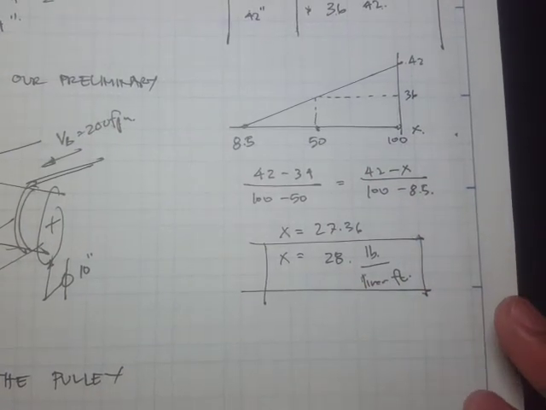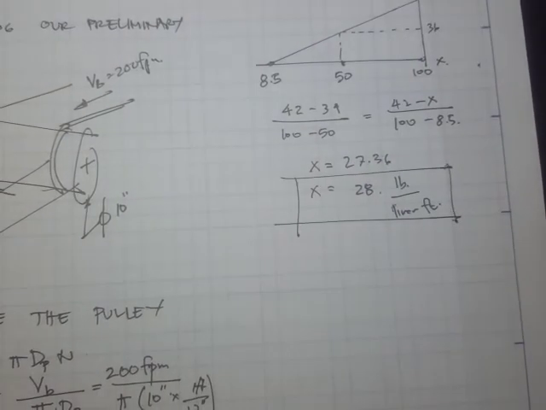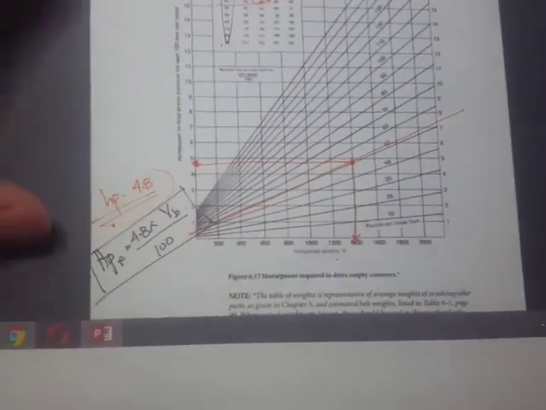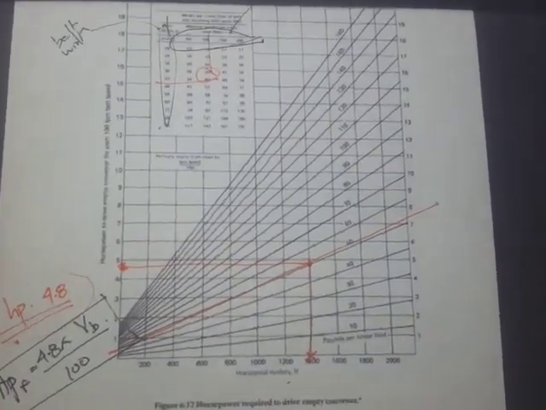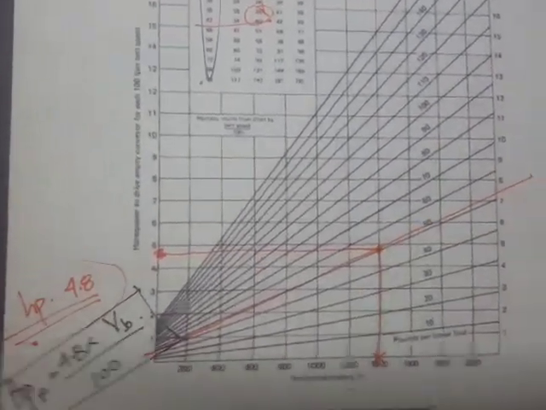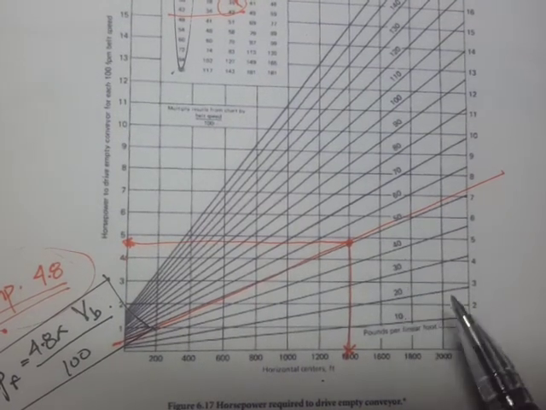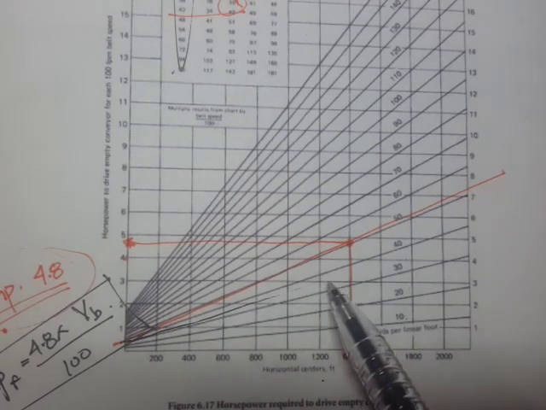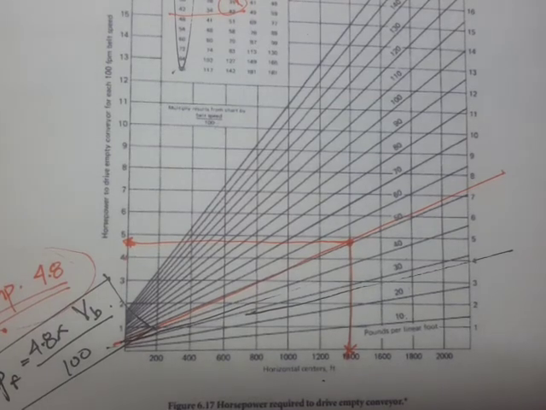Okay, so once you have this, then you can go into the table. It says 28, so we have 10, 20, and 30. So our line would be somewhere here, right? And our horizontal center is 200.